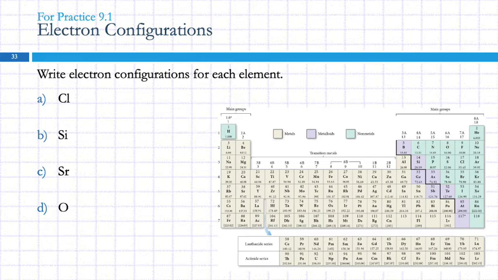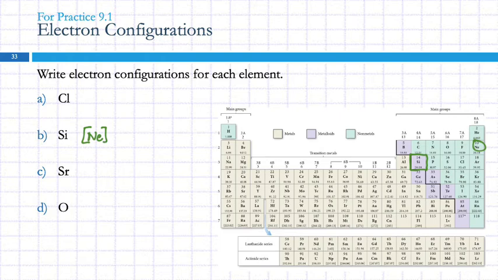Let's get some more practice here. I'm not going to do chlorine because chlorine was on a previous example. So let's do silicon first. Find silicon. What's the previous noble gas? Neon. So for silicon, we're going to start with neon.